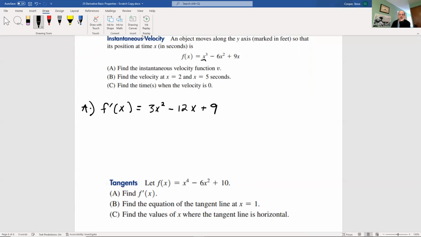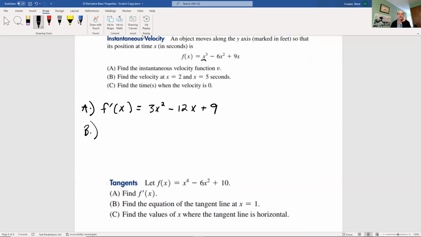So that's just 9. Okay, so this is our function that calculates, for any point x input on the graph of f of x, the instantaneous rate of change, or the velocity, which is the slope of the tangent line. And b, we're going to find the velocity at x is 2 and x is 5.